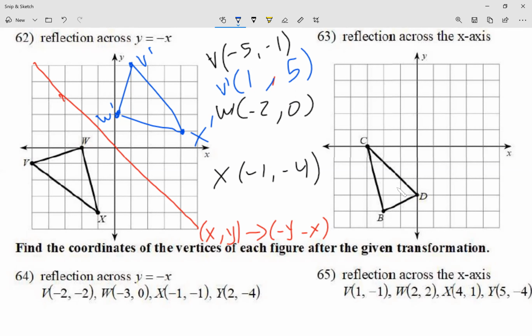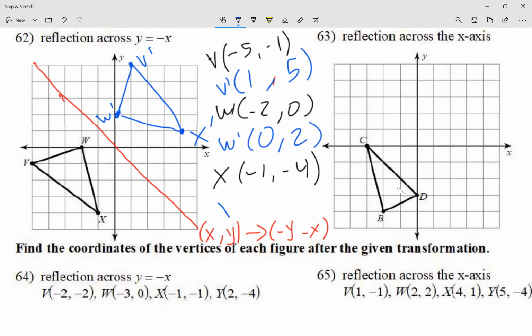The coordinates of W prime are going to be 0, 2. Now there's one thing. There's no such thing as a -0. Remember I said I'm going to switch the signs, right? The numbers flip and then I switch the signs. There's no such thing as a -0. So 0 is still 0. And the coordinates of X prime should be 4, 1.